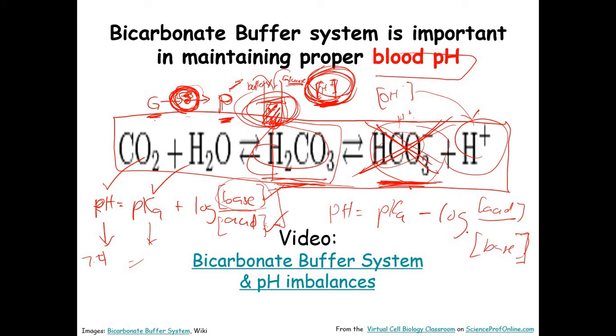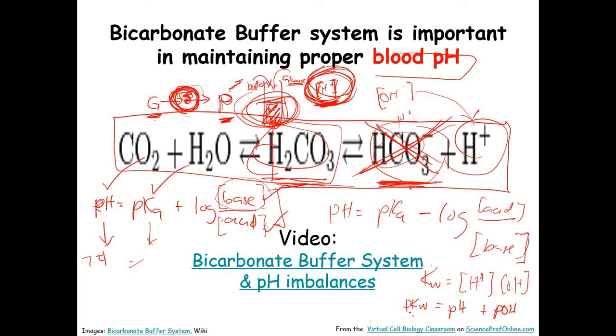Just the Henderson-Hasselbalch equation. Other important formulas when it comes to acids, bases, and buffers are our Kw, which is equal to the concentration of H+ times the concentration of OH-. Which means that you have pKw equal to pH plus pOH.